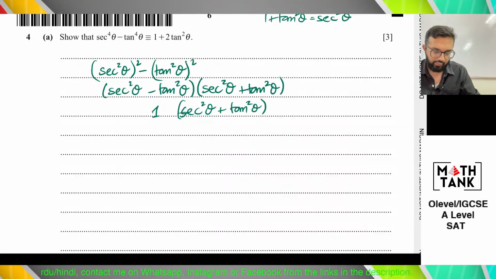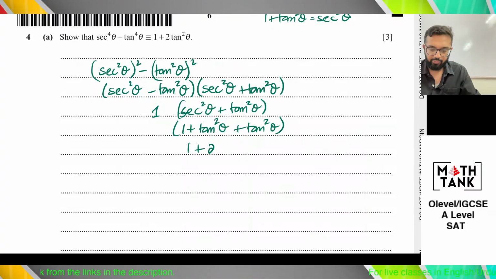So this then becomes, I need to change this to tan. So 1 plus tan square theta plus tan square theta. That gives me 1 plus 2 tan square theta.